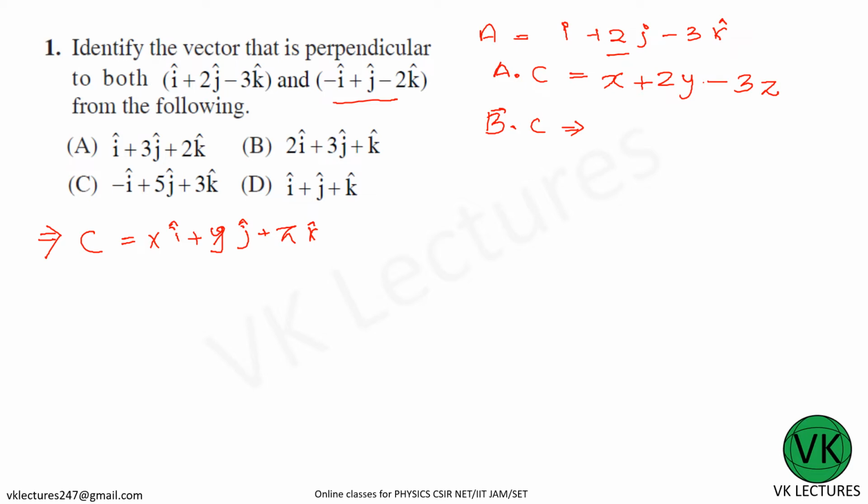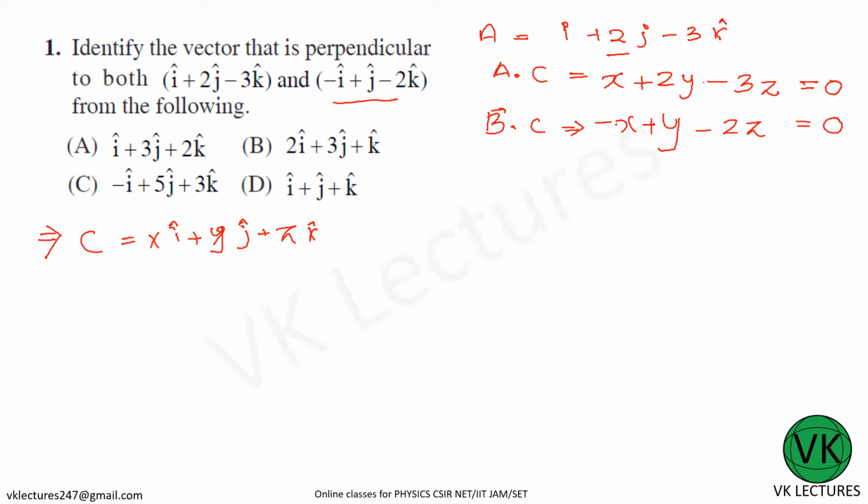A dot C should be equal to 0 because they are perpendicular. Now B dot C you can write as minus i times x, that is minus x, and j times y, that is plus y, and minus 2 times z, that is minus 2z. So that should be equal to 0.